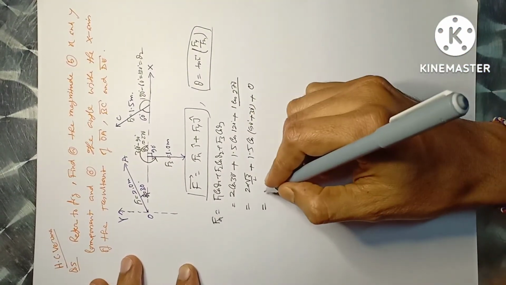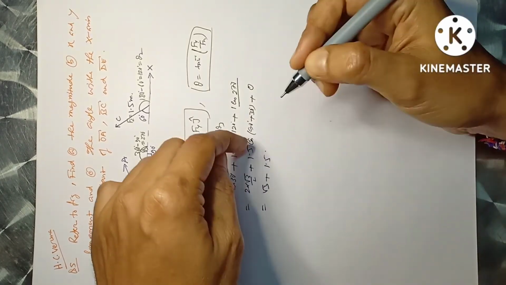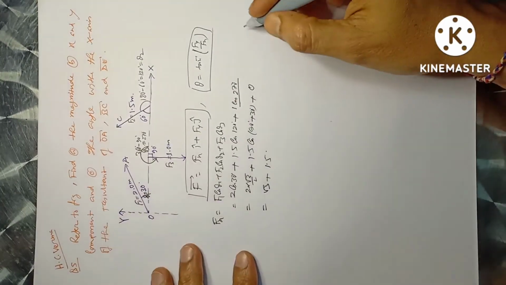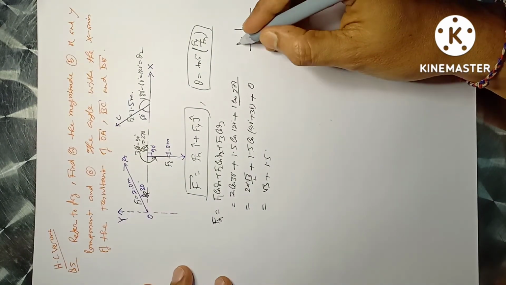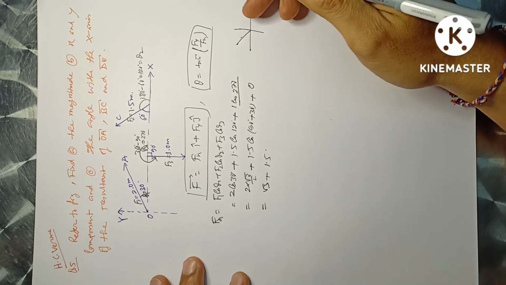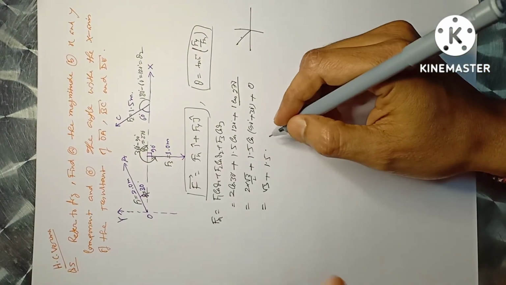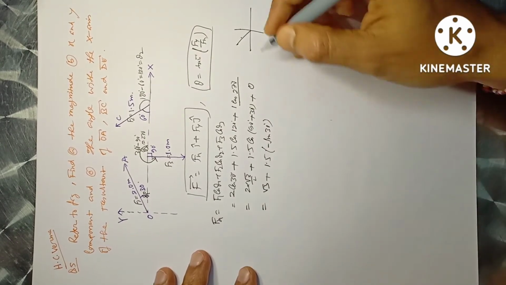So from this equation you get 1.5 cos 90 degree plus 30. By the trigonometry formula we know this is minus sin 30 degree.